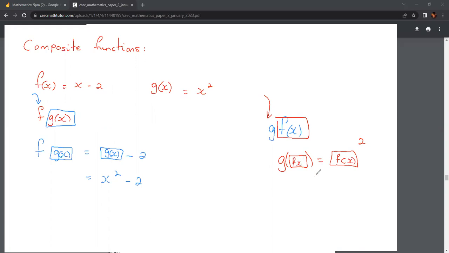So I'm basically just substituting the whole of f of x into it. So it's going to become x minus 2 all squared. So basically, wherever I have x in a composite function, I'll be substituting the entire other function in its space.